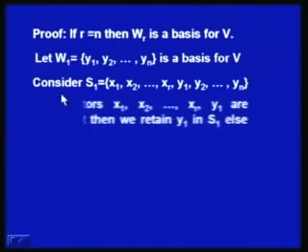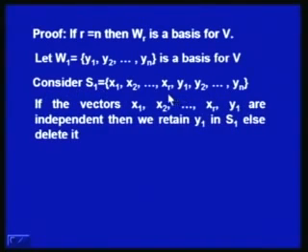Now, we try to make this S1 a basis for V. Actually, this will span the set V, but it may not be a basis. Basis will be when we have exactly n linearly independent vectors in S1. So, we try to obtain linearly independent vectors out of this set so that it forms a basis.